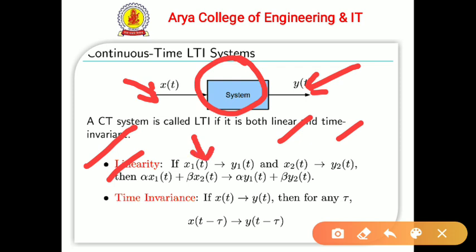If x1(t) is input to the system, we get the output y1(t). Similarly, if the input is x2(t), then we get the output y2(t). The system is called linear if it follows this equation: alpha x1(t) plus beta x2(t) generates alpha y1(t) plus beta y2(t).